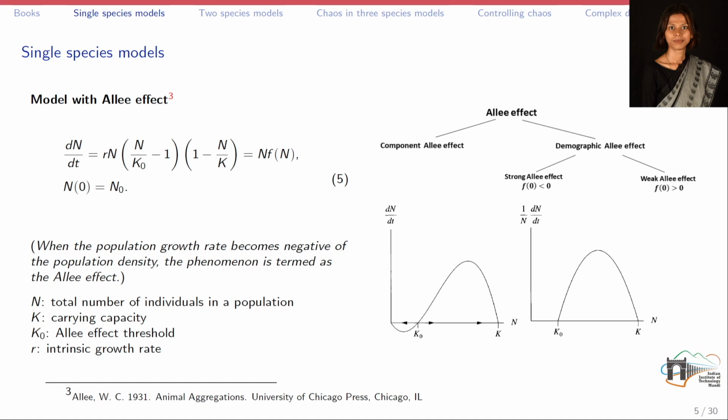Also, the per capita growth rate shows an Allee effect, an increase in per capita growth rate over a certain range of density, that we can see from this particular figure. So in the single species model, we have the Allee effect incorporated also.